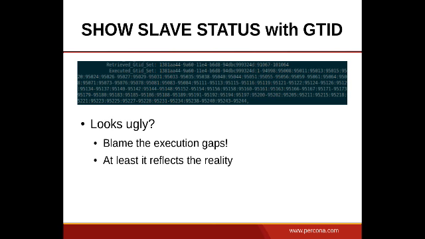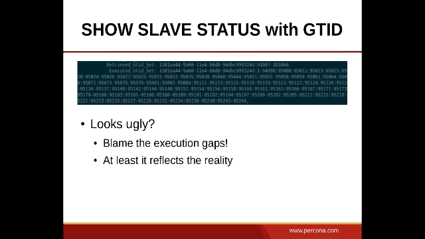That's very easy. What you're seeing here are simply the execution gaps. So for instance, we can see that transactions 1 to 94998 have been executed, and then the next executed transaction has the GTID 95008. So you have a gap of 10 transactions. So, well, that's fine.